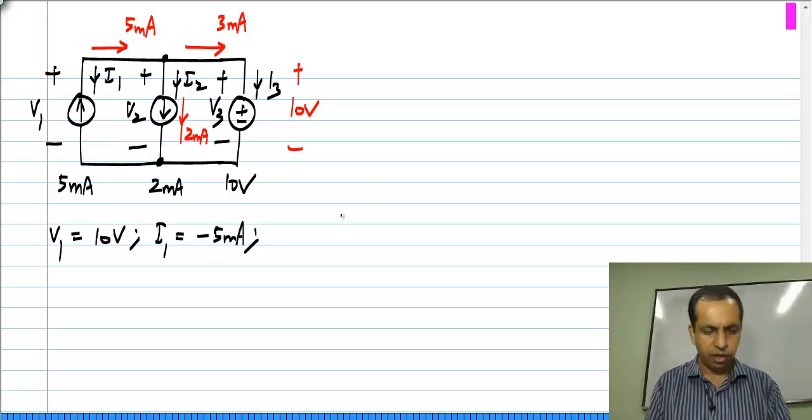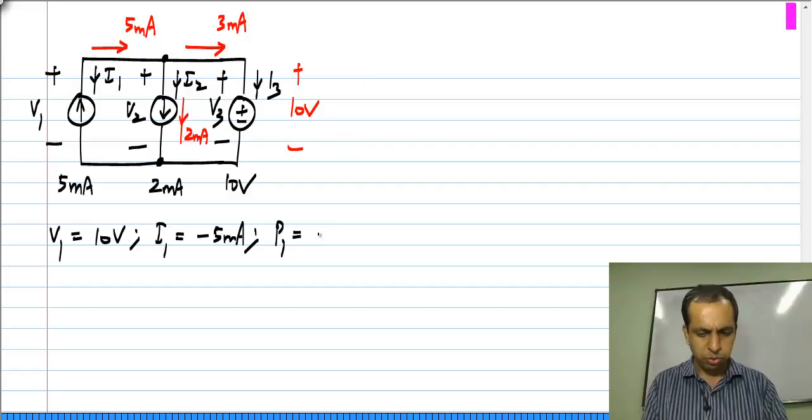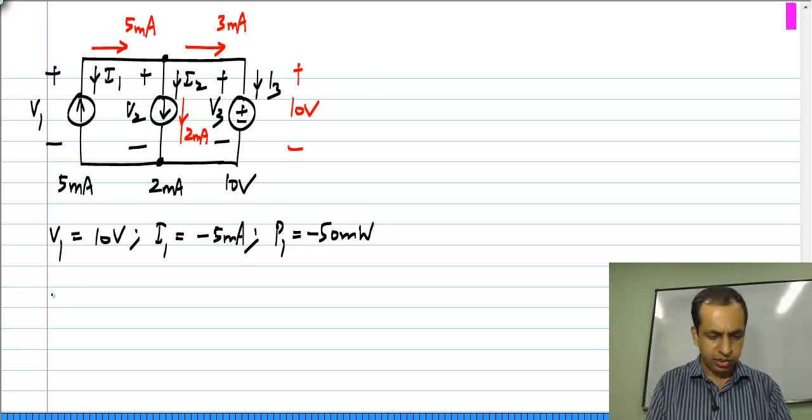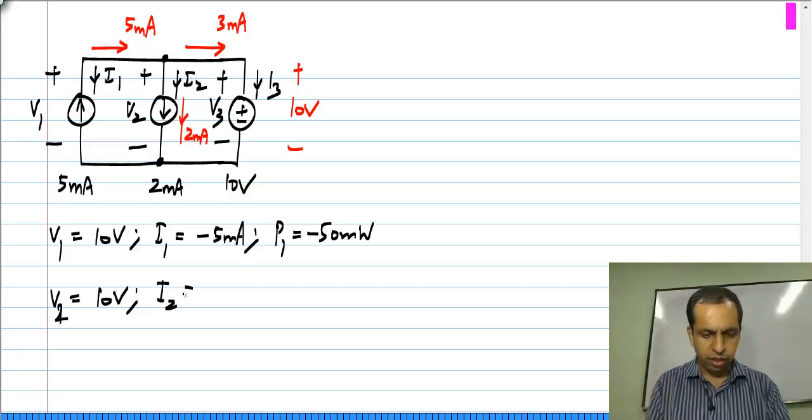So, the first current source, the 5 milliamp current source, is absorbing a power of minus 50 milliwatts, that is minus 5 milliamps times 10 volts. The second current source has also 10 volts across it and V2 is 10 volts and I2 is plus 2 milliamps.